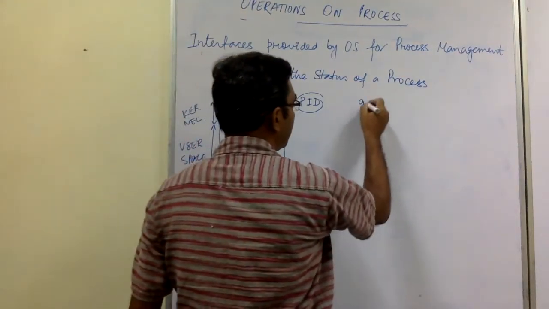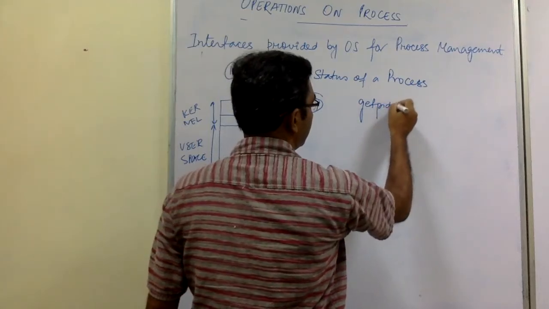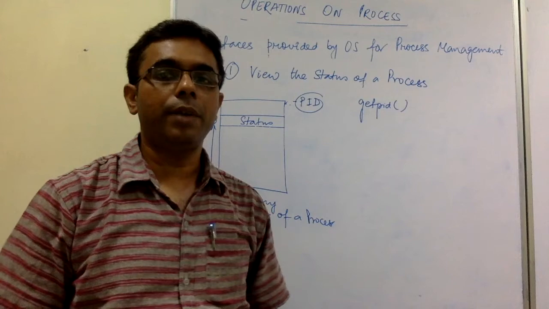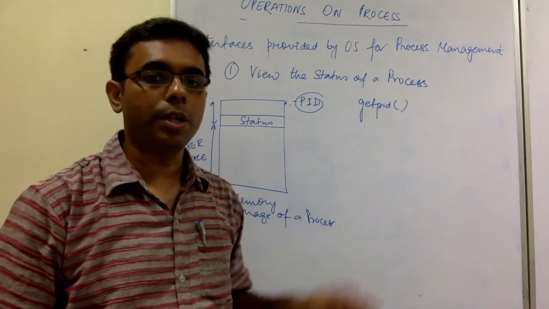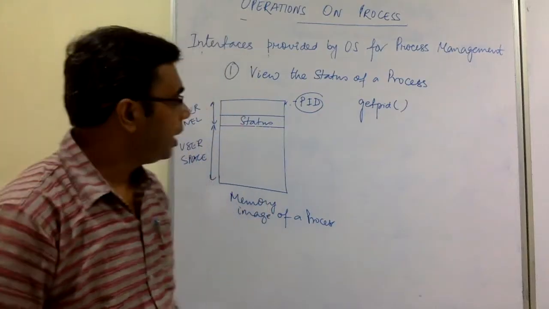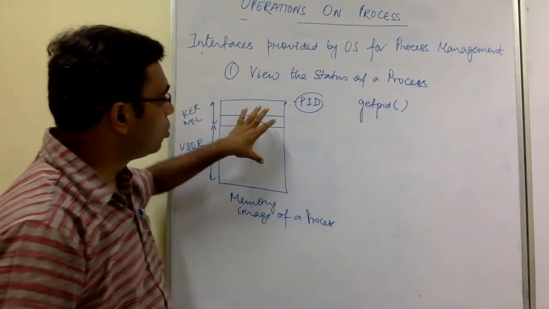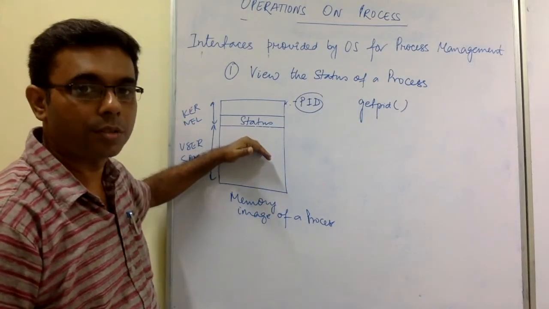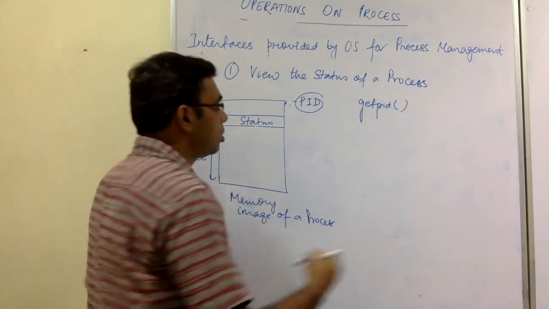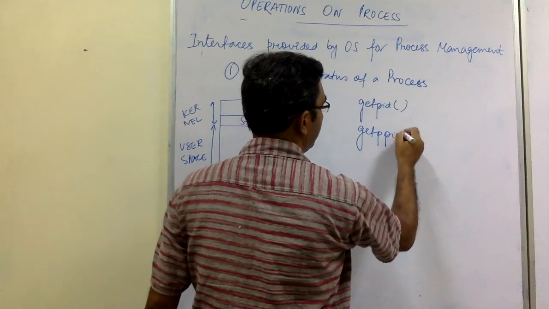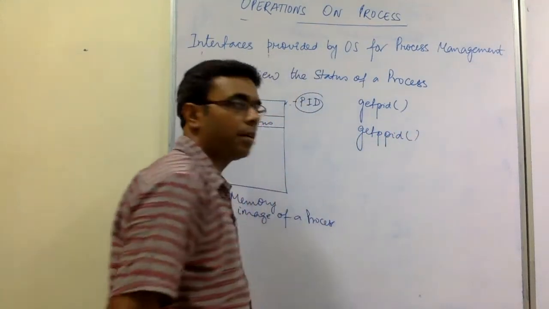getpid is a system call which is used to get the process identifier of a particular process. We'll see the working of this by using a code. Now, in addition to that, if you would like to view the process identifier of the parent process of this process, the system call to be used is getppid, get parent PID.